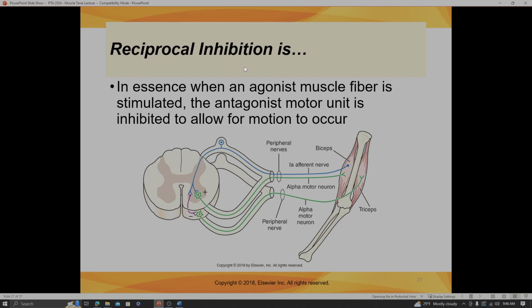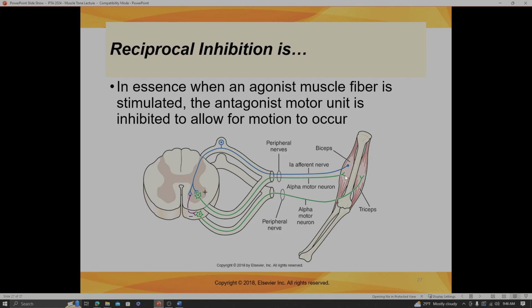That's a very simplistic version, but we also have some other examples of how this works from an afferent and efferent perspective. Reciprocal inhibition will end up being a PNF pattern that we learned, but in essence, when the agonist muscle fiber is stimulated, the antagonist muscle unit or motor unit has to be inhibited to allow for motion to occur.